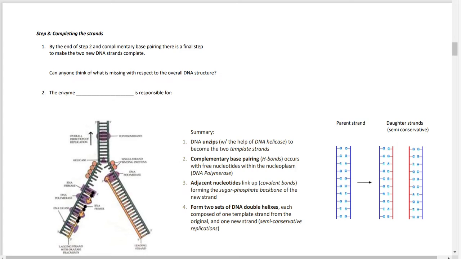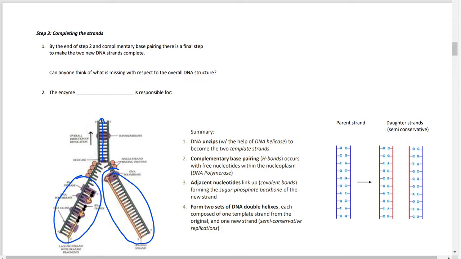So essentially the process is finished on the leading strand. If we were to consider this helicase making its way to either the end or, like it said, to a second replication fork, it's not completed on the lagging strand. And so the Okazaki fragments on the lagging strand are not connected.